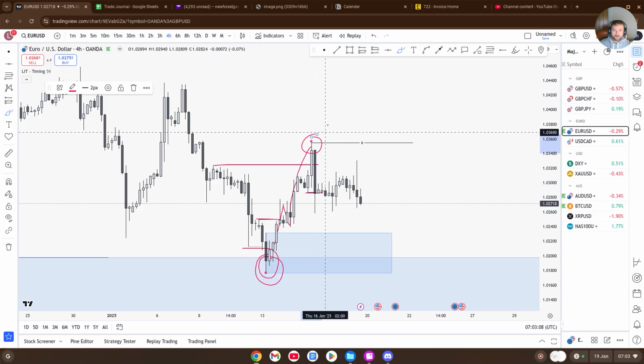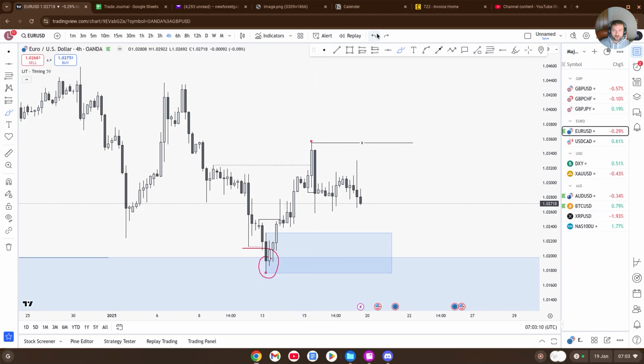So now this is internal range liquidity, feeding into this unmitigated block right here. Let's drop down to the hourly.